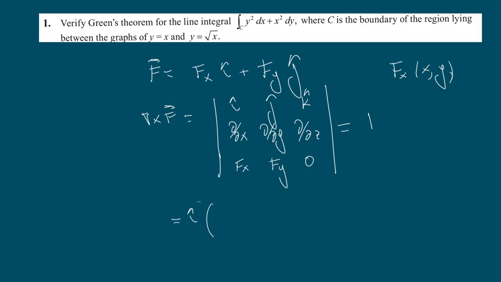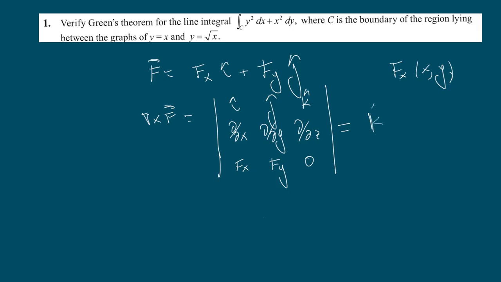Why? Because the i component involves the derivative with respect to y of 0, which is 0, and the partial derivative with respect to z of Fy, but Fy depends only on x and y, so the partial derivative with respect to z is 0. So the i component is 0, the j component is 0, and the only component that survives in this problem is the k component.